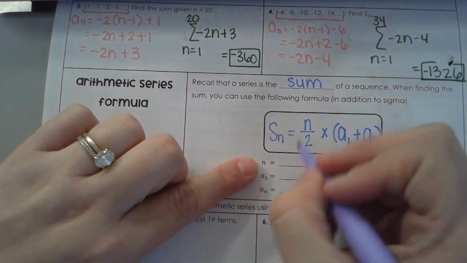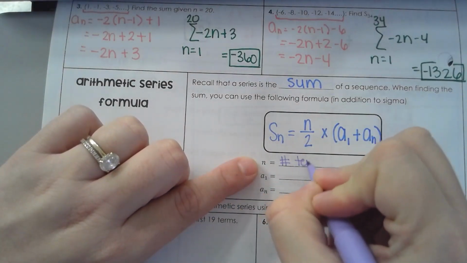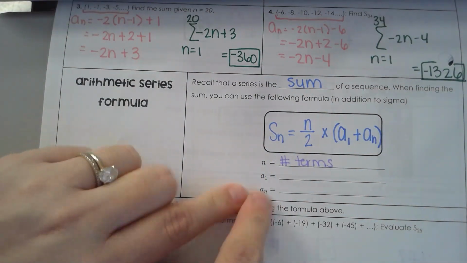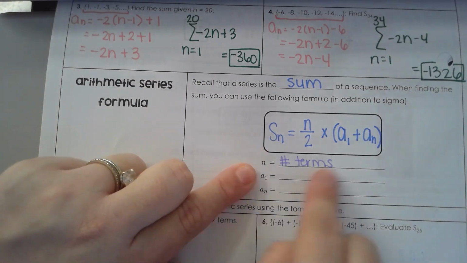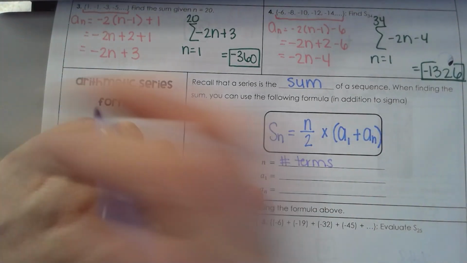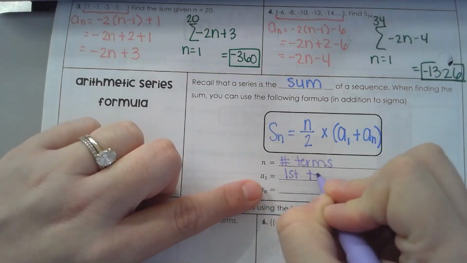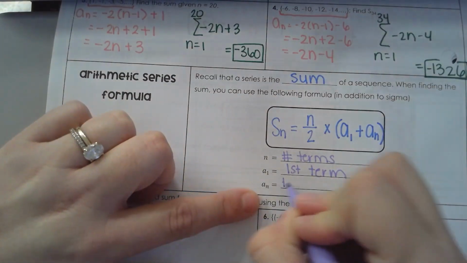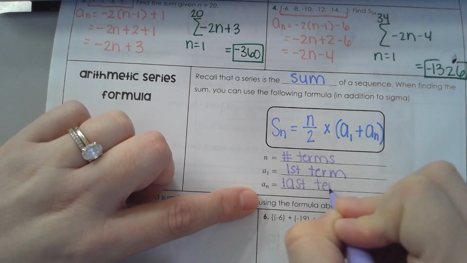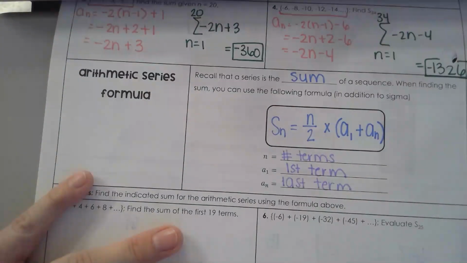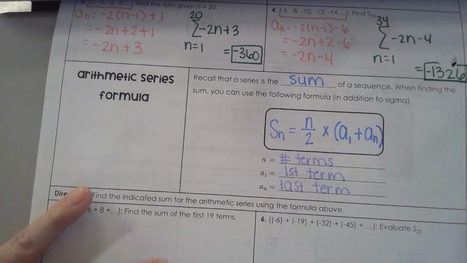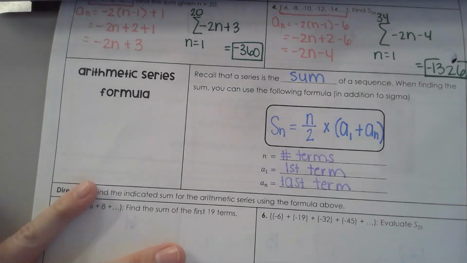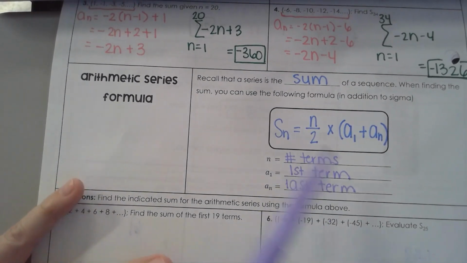So we actually have to find n, a1, and an. n is my number of terms, so however many I'm adding together. a1 is the first term. And an, we're actually going to find the last term. So for example, if I ask you to find the sum of the first 8 terms, you actually have to know what that 8th number in the list is. So we will have to use our an formula for that.